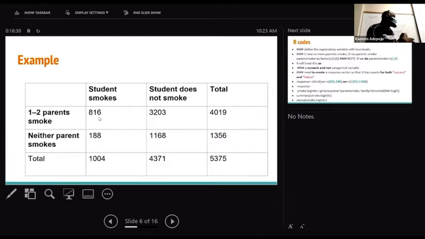Now take a look at this. This is an example of a 2 by 2. If you want to use the approach that we used on Wednesday, you're basically going to use a chi-square, where you first investigate whether the conditional probability is the same as the marginal.